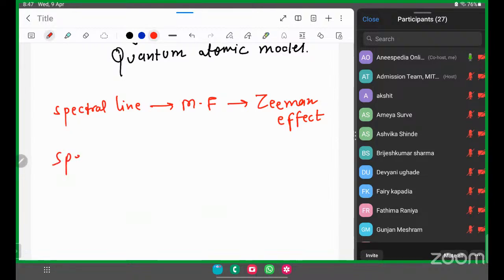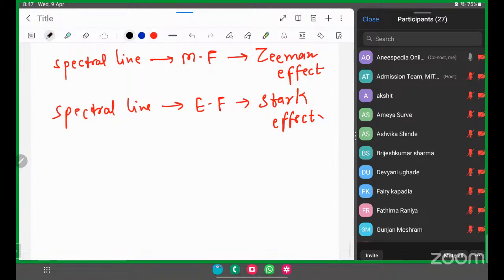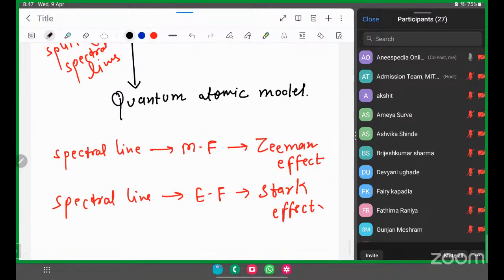And if a spectral line gets split in an electric field, then this is known as the Stark effect. Understood or any doubt?